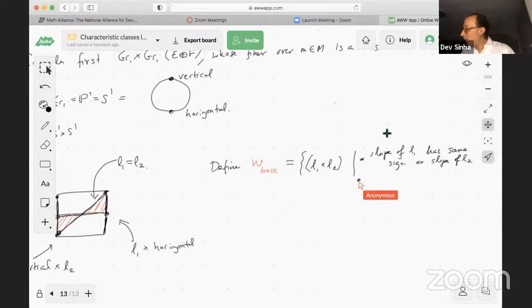And the slope of L2 is less than or equal to the slope of L1.